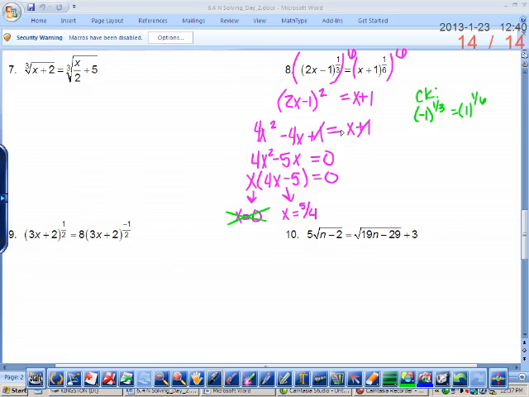All right, let's look at 5/4. 2 times 5/4 is 10/4 minus 1. I'm going to write it as 4/4 to the 1/3. So that would be 6/4, which is 3/2 to the 1/3 power.